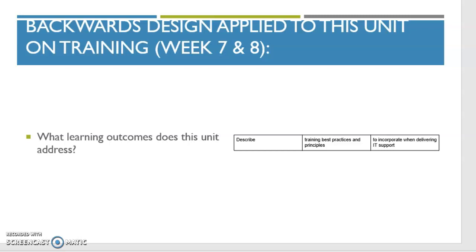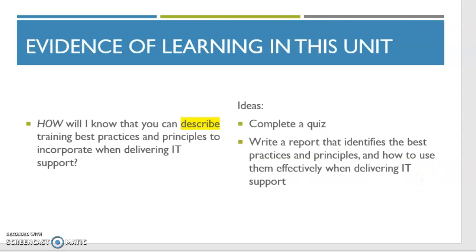So take a look at the course learning outcomes for ITCE. And there's one that says describe training best practices and principles to incorporate when delivering IT support. So this is what I've got to make sure that you can do. You just need to be able to describe the best practices when delivering support.